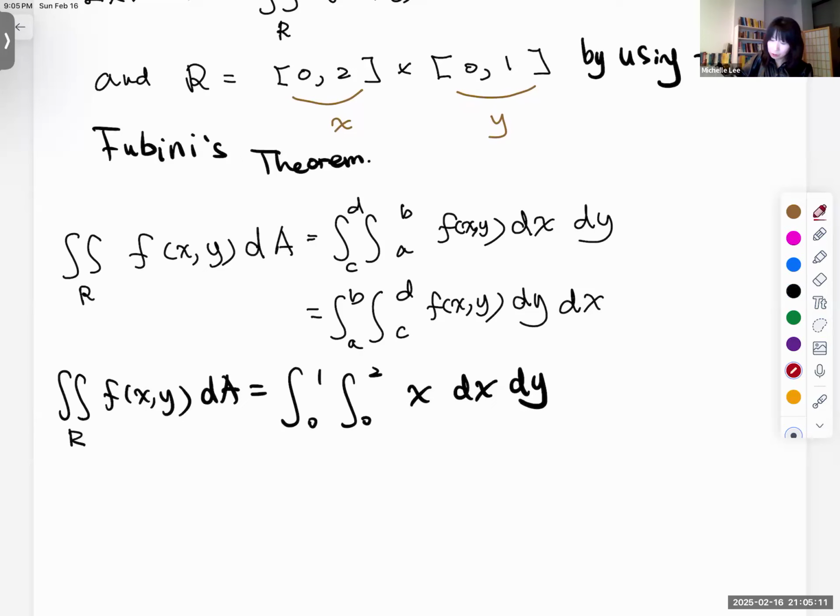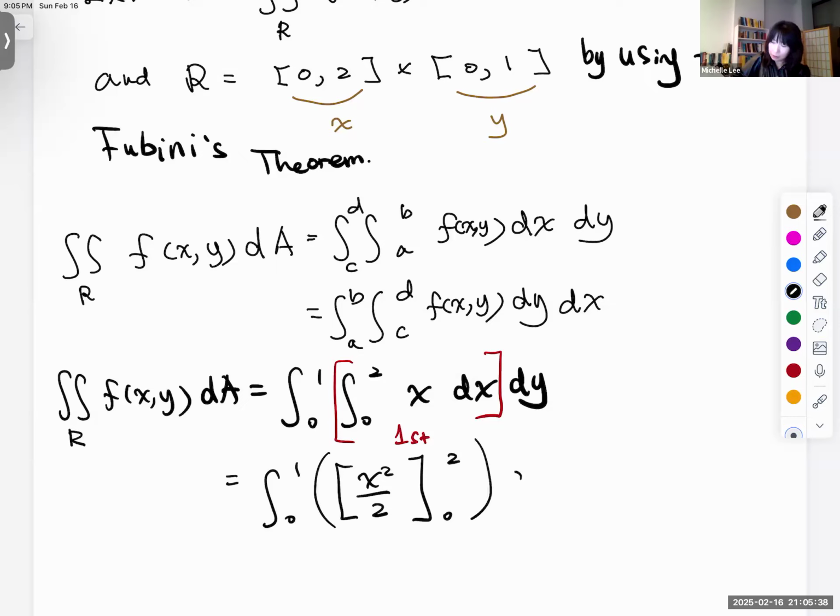Okay, so we have to do the inner integral first. The integral of x, what do you get? x squared over 2, right? Good. And then we have to evaluate from 0 to 2, and outside is dy.